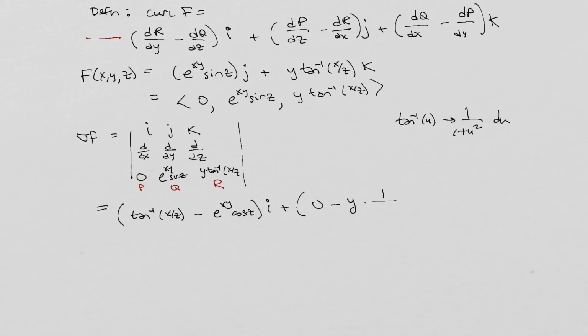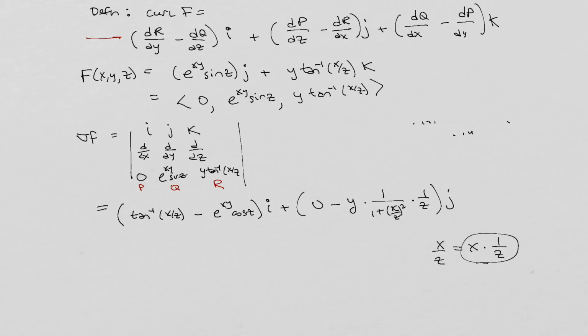So I'll have 1 over 1 plus x over z squared times, and if I have x over z, that's the same thing as x times 1 over z. And this partial with respect to x is just 1 over z. And then that's times j.